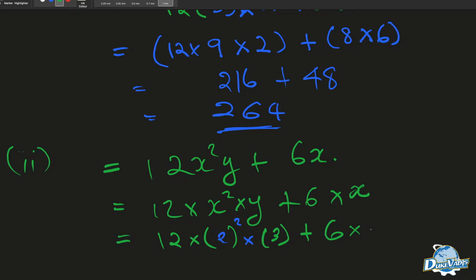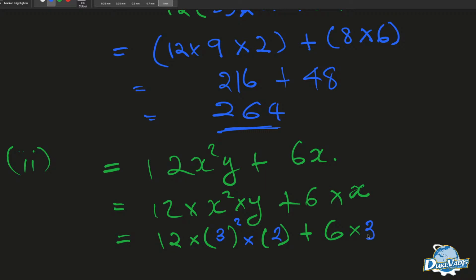Whoa, we have interchanged the values, the value of x and the value of y. Okay, so the value of x, we're given x to be 3, and the value of y is 2, and the value of x here is also 3.